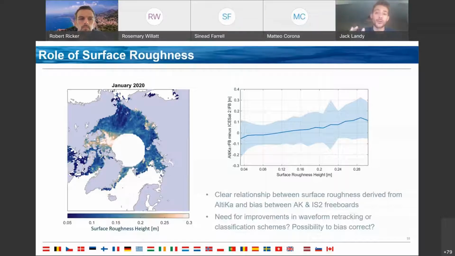We might be discarding too many thin, smooth ice floes from our Antarctica data. And it also might suggest that snow depth and roughness have some redundancy, which has been talked about previously. In places where we measure thicker snow, we're likely to measure rougher ice and vice versa. And so it's hard to really differentiate between the two.